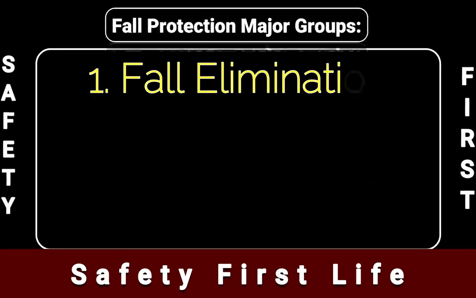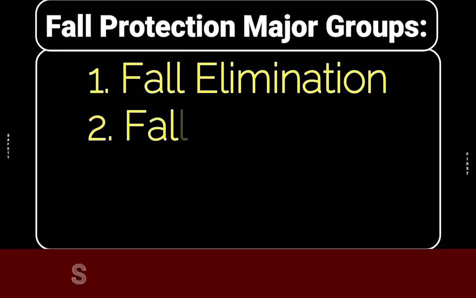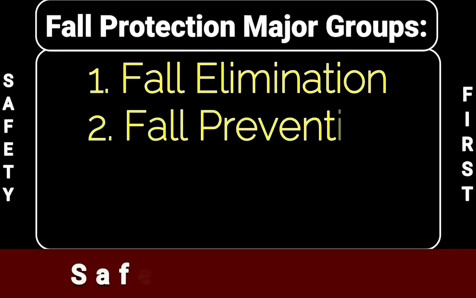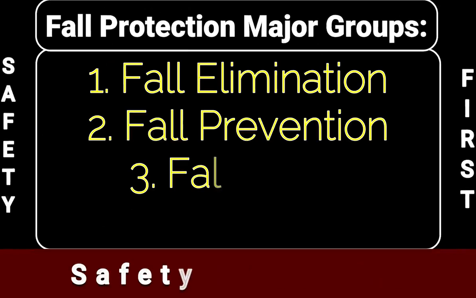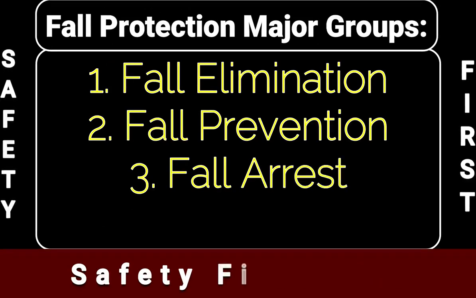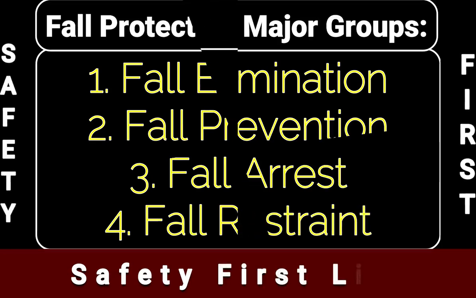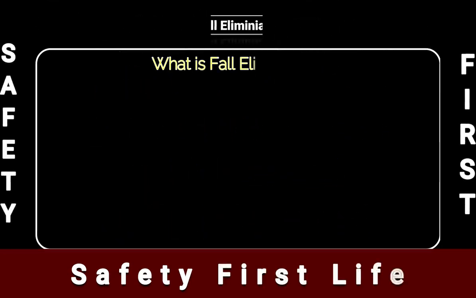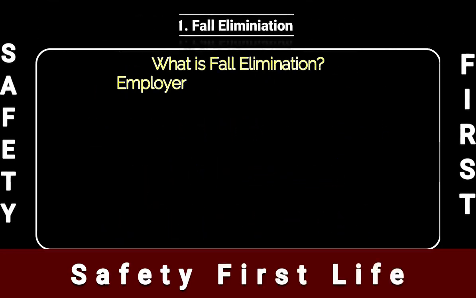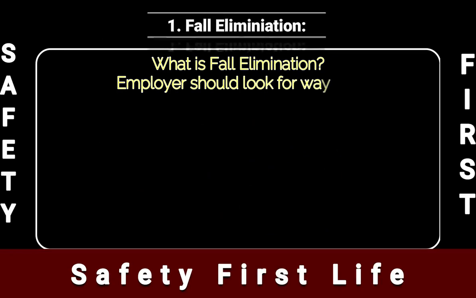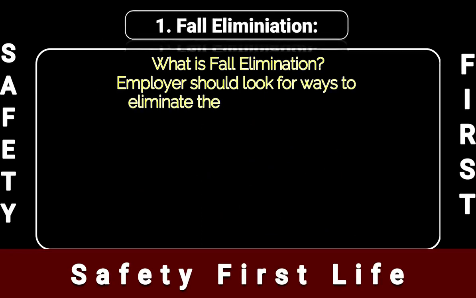These four groups include: number 1, fall elimination; number 2, fall prevention; number 3, fall arrest; and number 4, fall restraint. Let us discuss them one by one, and we'll start with fall elimination.